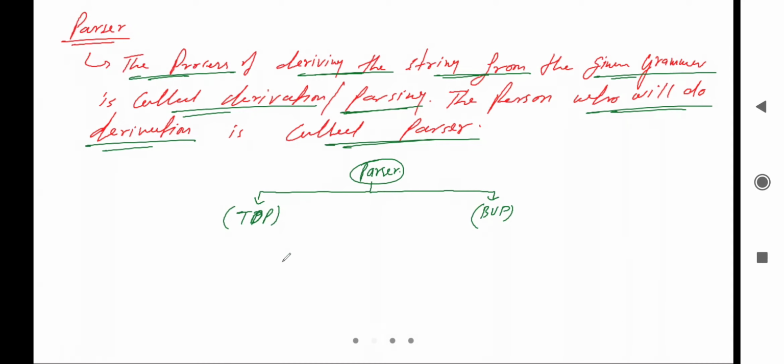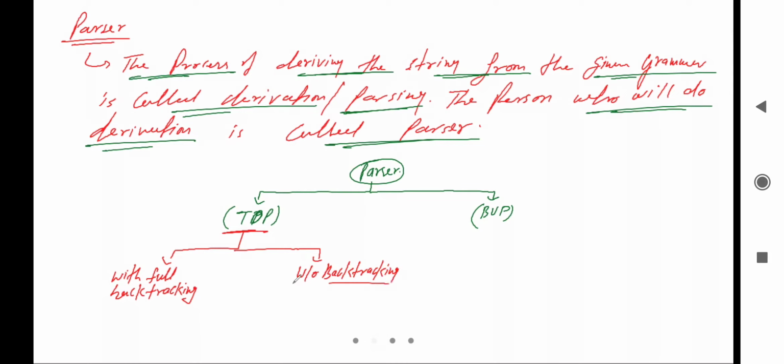For the top down parser, again it can be with full backtracking, or it can be without backtracking.